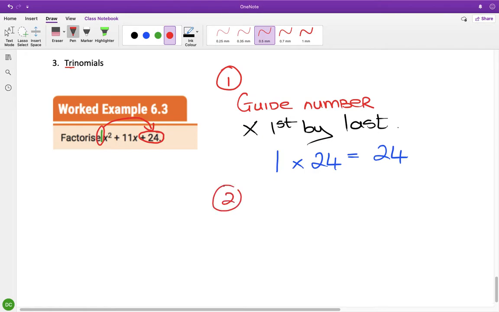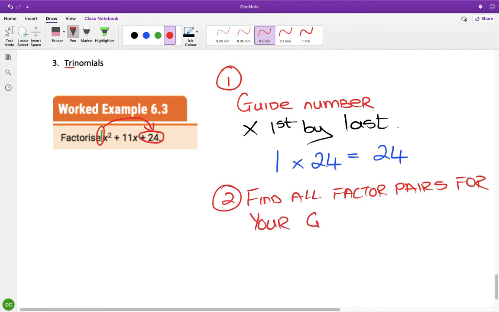The second step is you find all factor pairs for your guide number.